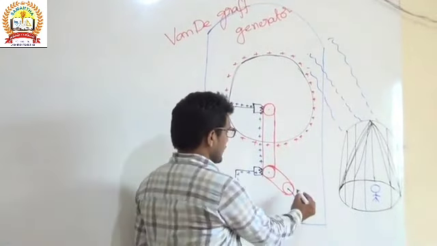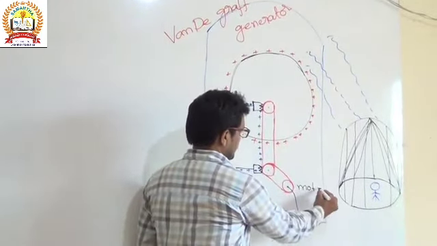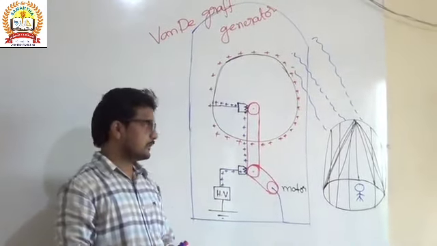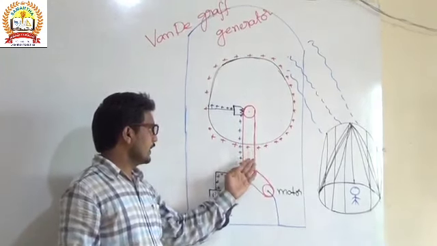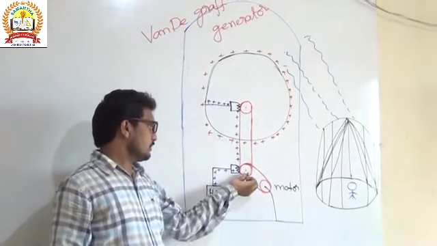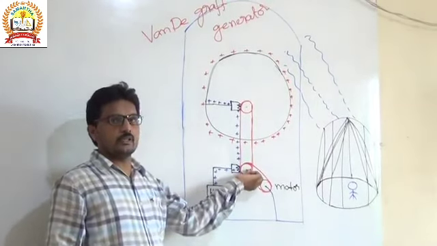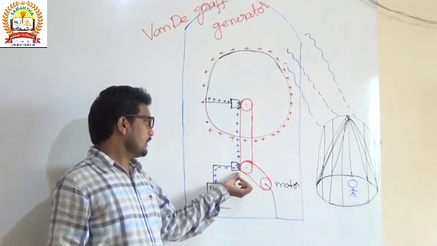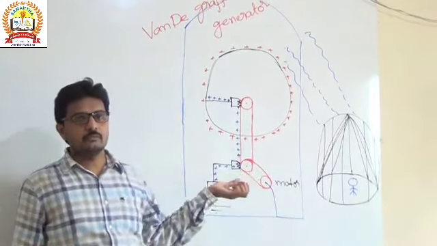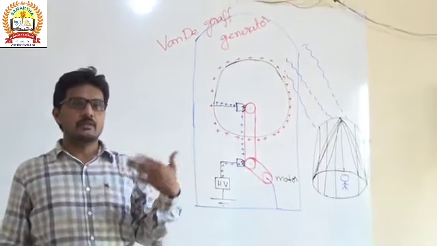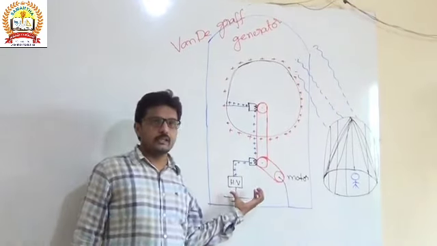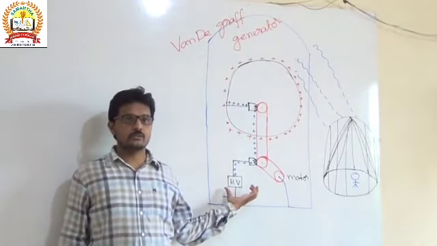When the motor rotates, the wheels rotate and the belt rotates. The bottom wheel is connected with an emitter cone, because it emits the charge with the help of a high voltage source.